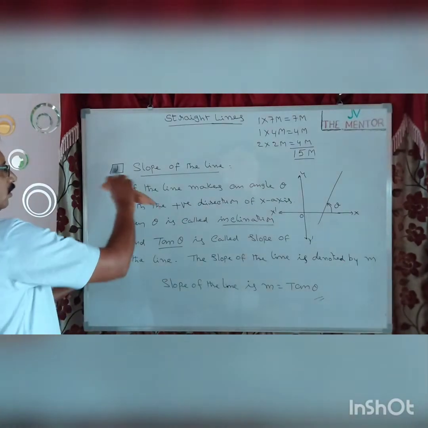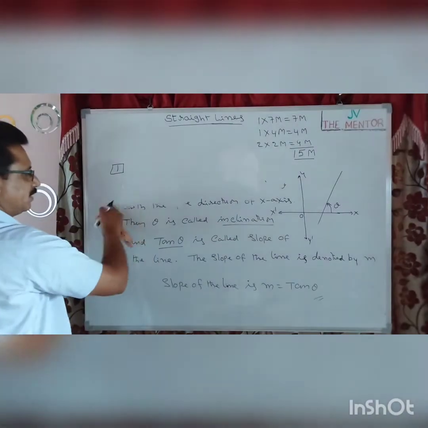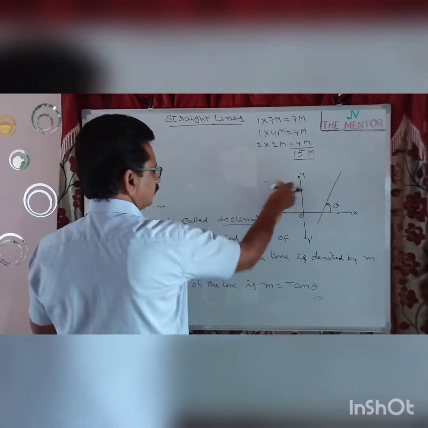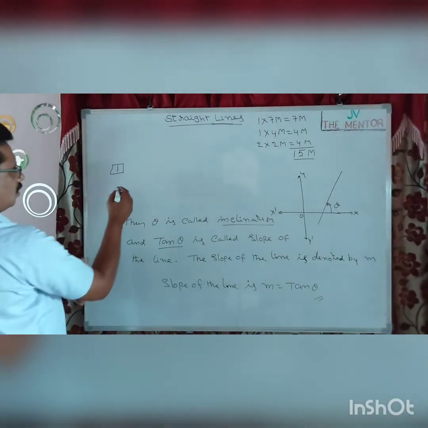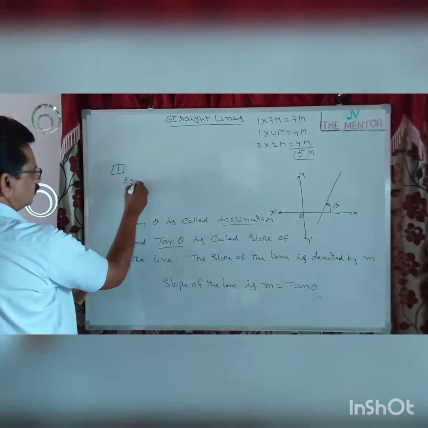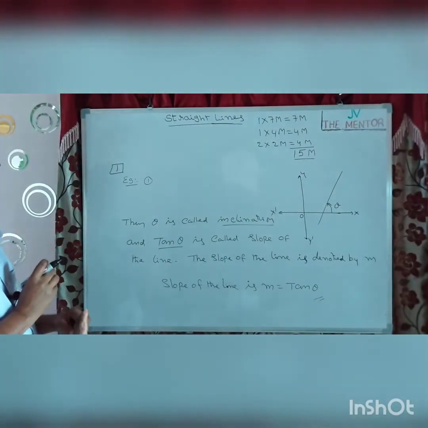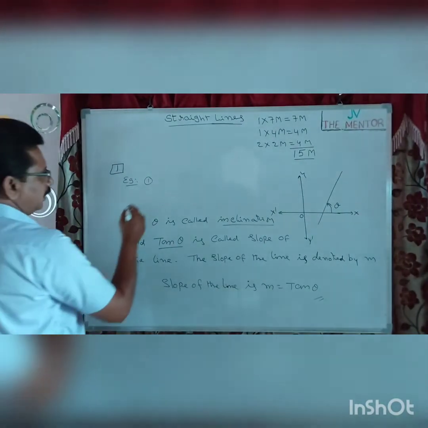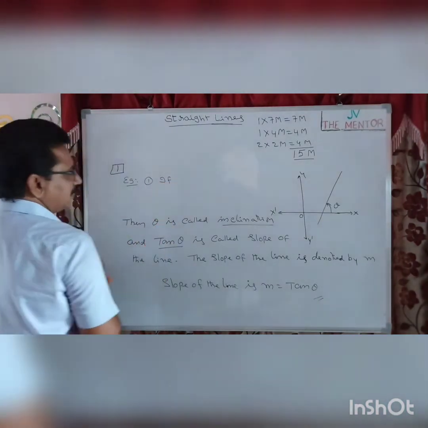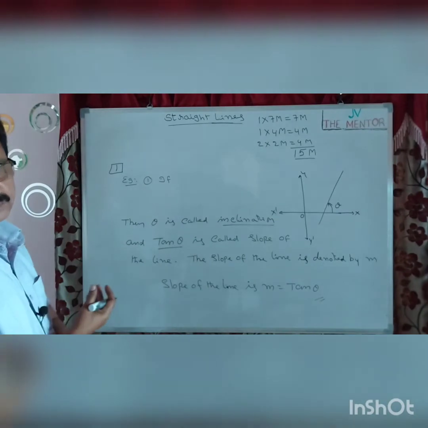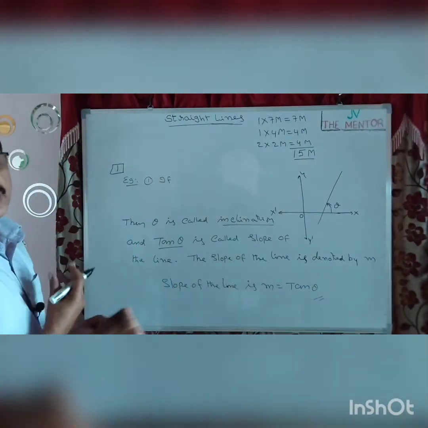Next, one example from this concept. Example 1. If the inclination of the line is 30 degrees, then find the slope of the line.